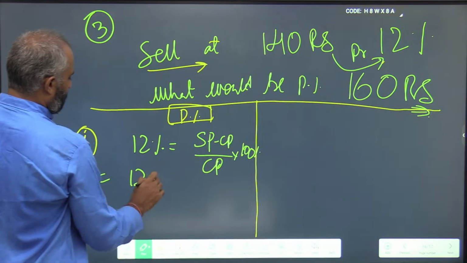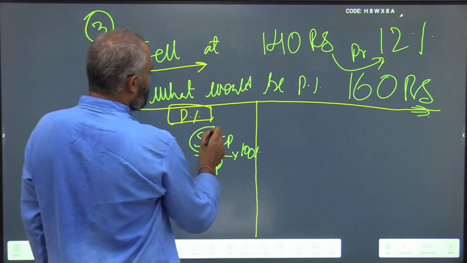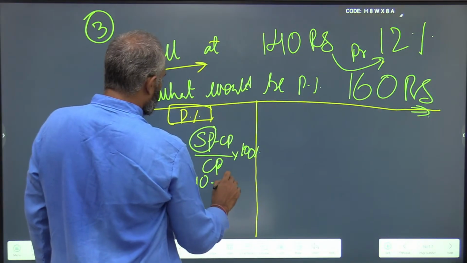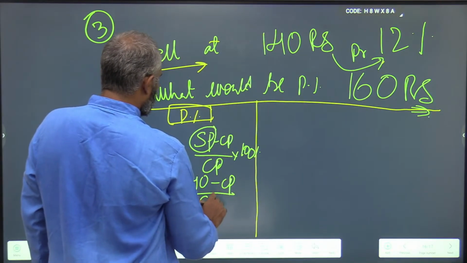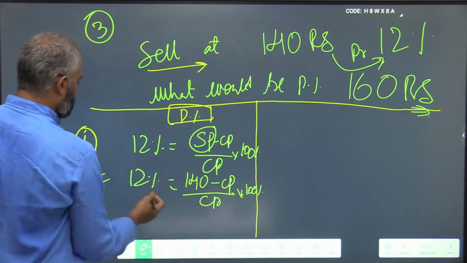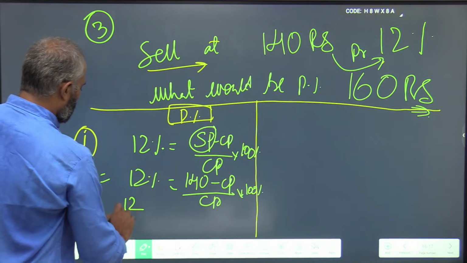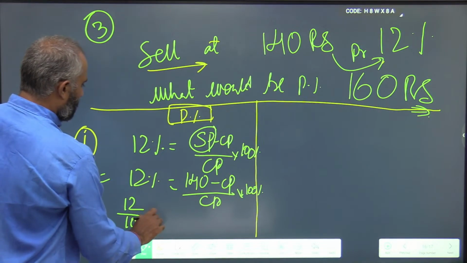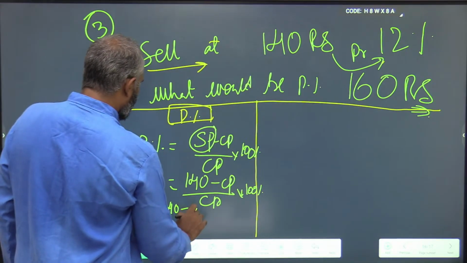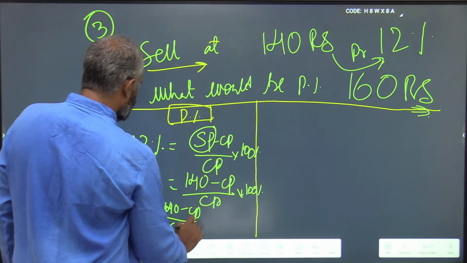Now 12% is equal to, do we know the SP? Yes, 140. Do we know the CP? No. By CP into 100%. This 100 comes here, it becomes 12 by 100, equal to 140 minus CP by CP.